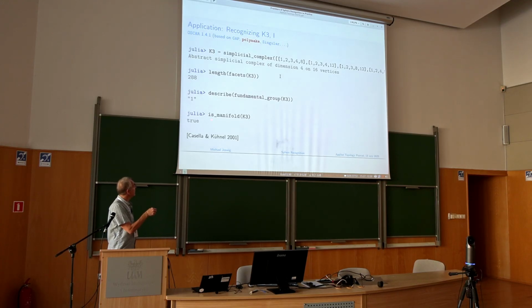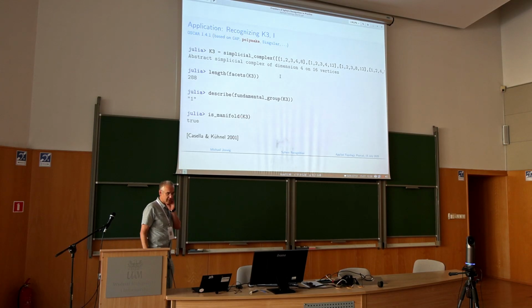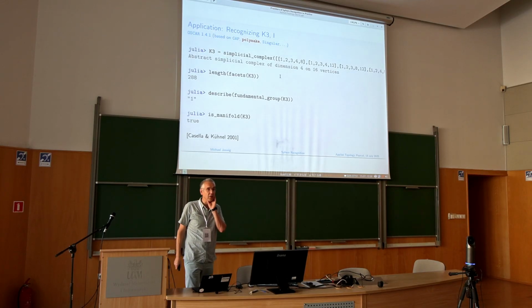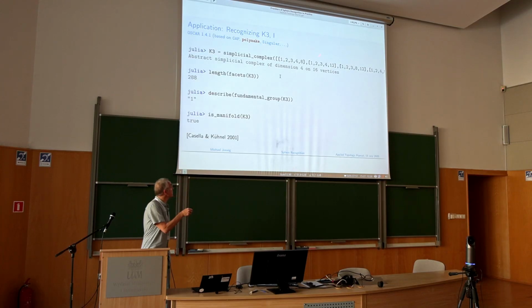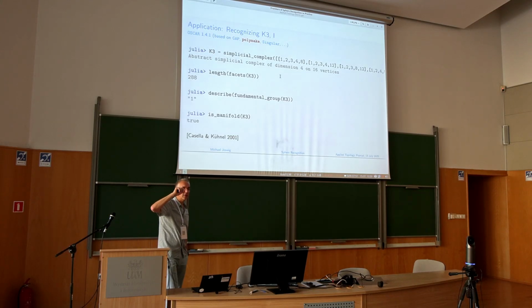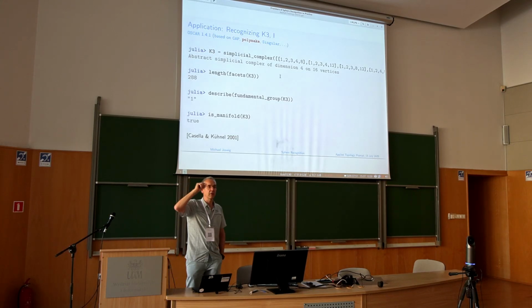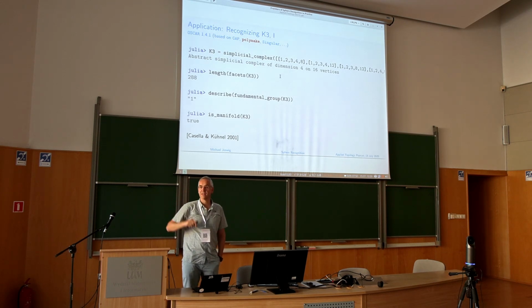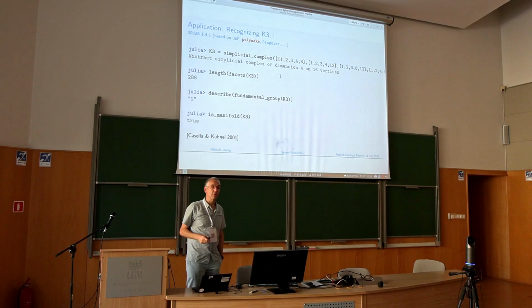And now in all of this, this is the most complicated and most costly step. Still on your laptop it will work in a second or less. This is just checking if this space is actually a manifold. And it does exactly what I announced previously. It goes through the 16 vertices, constructs all the vertex links, and checks that these are spheres by applying our heuristics.